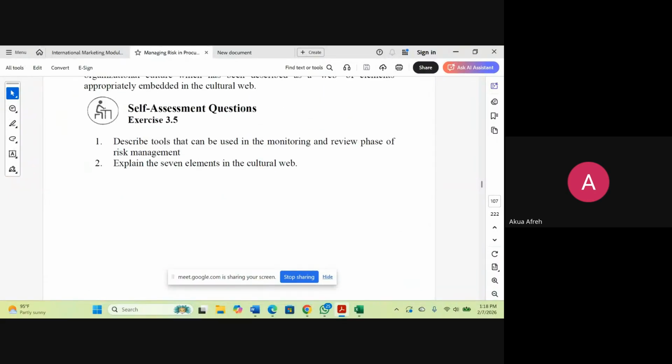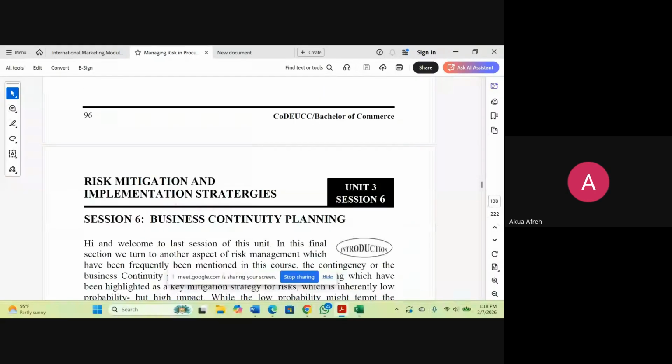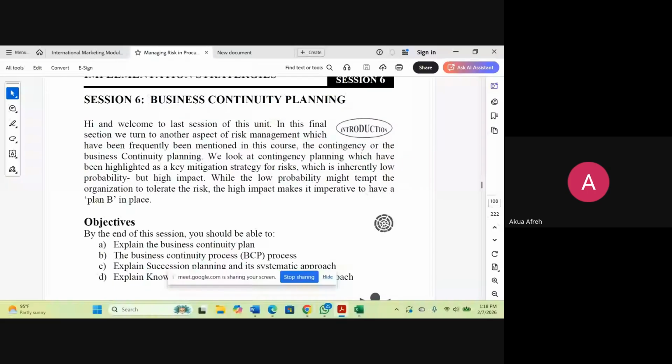Business continuity planning, when it comes to risk management, is very critical, something very important that we need to look at. Business continuity planning. What is it?